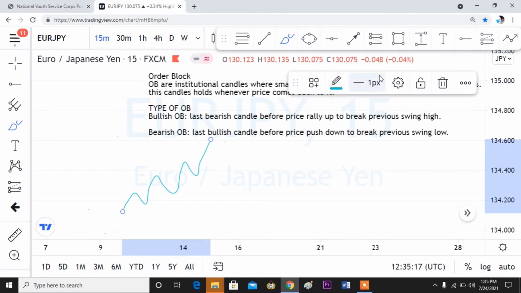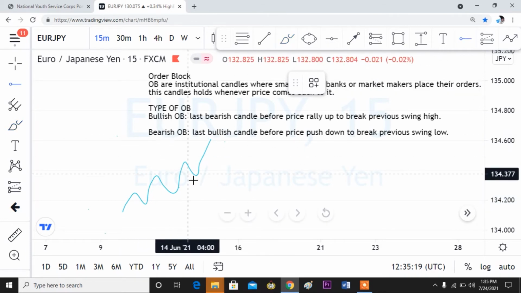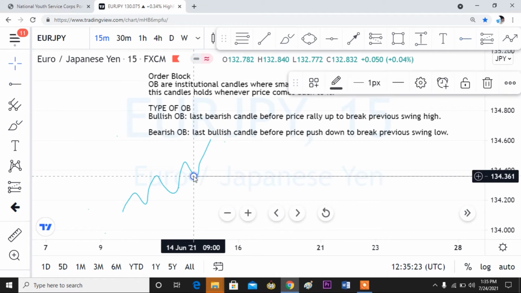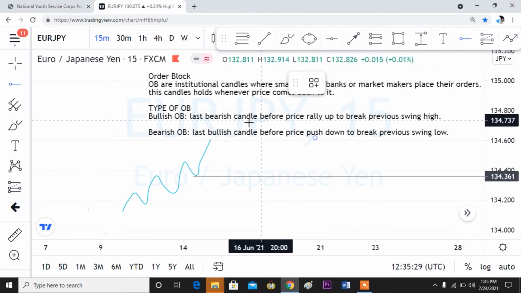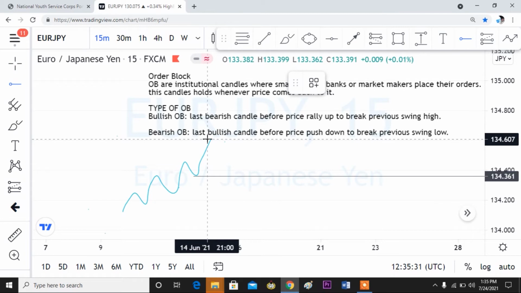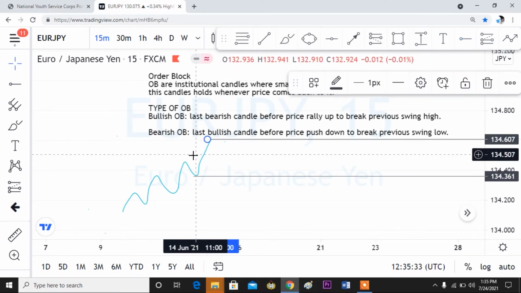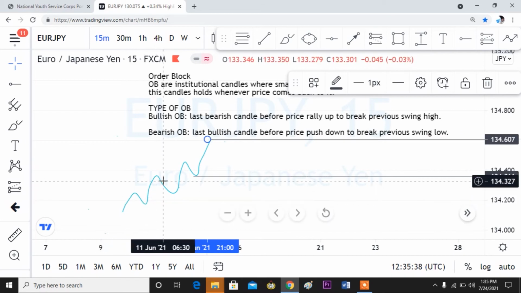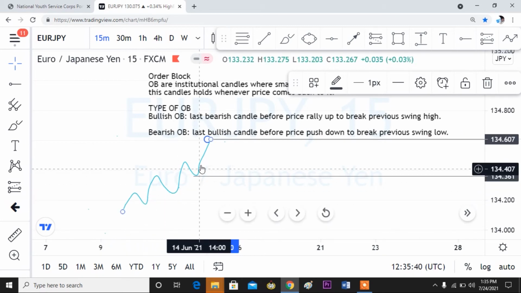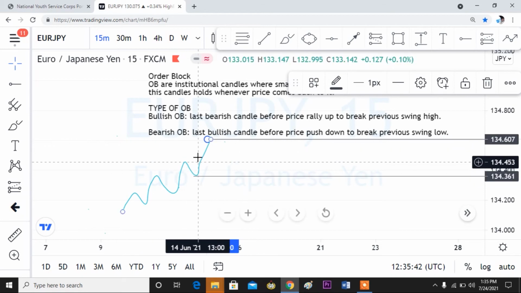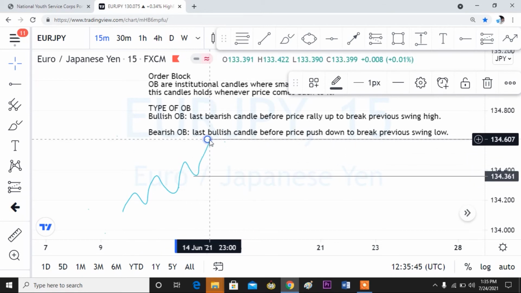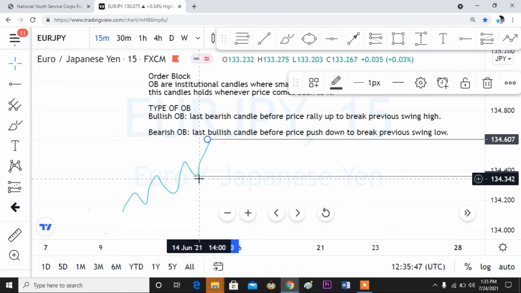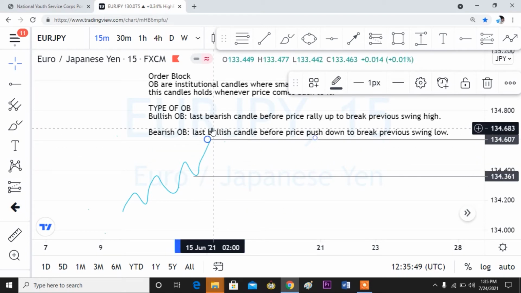This is going to be our swing high, this is our swing low, and this is going to be our swing high. So suppose the market is moving in this nature, higher high, higher low, higher high. Then all we have to do is indicate our swing high and our swing low and watch out to see how price plays.